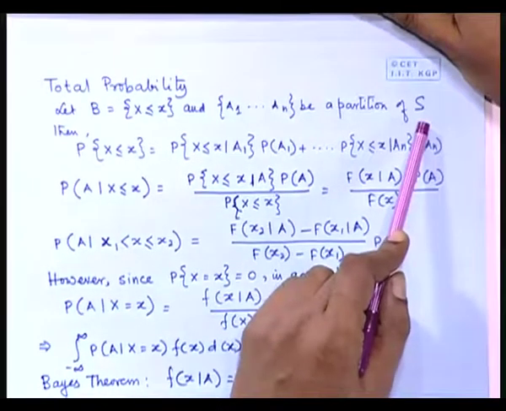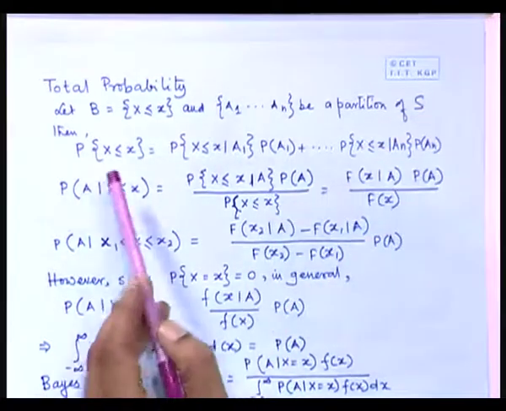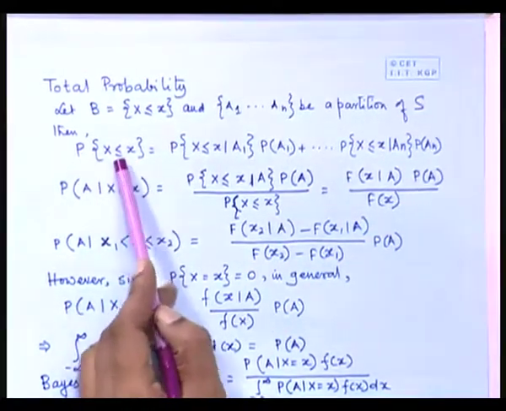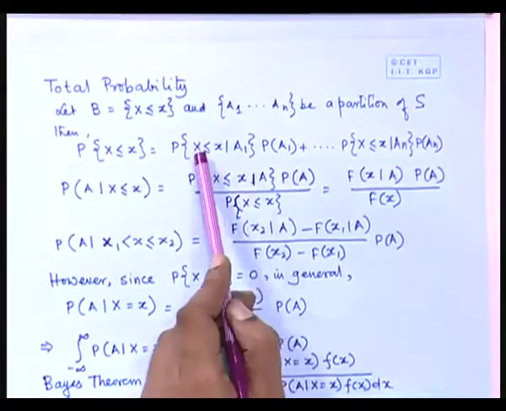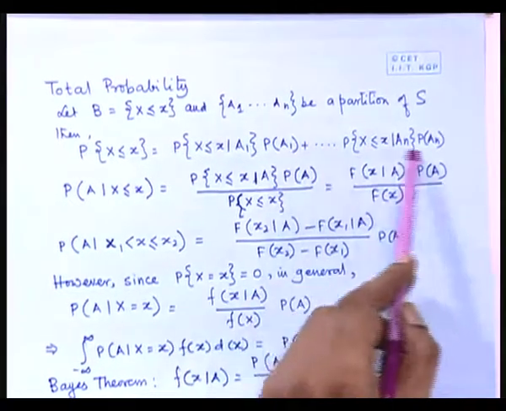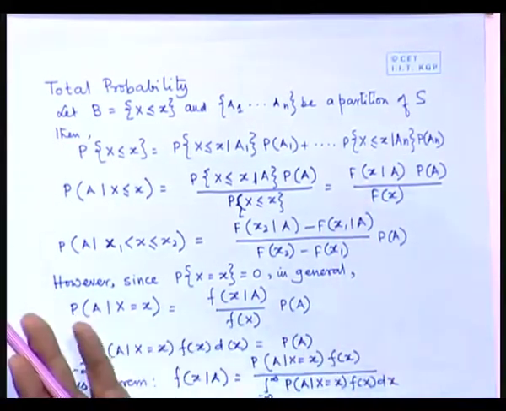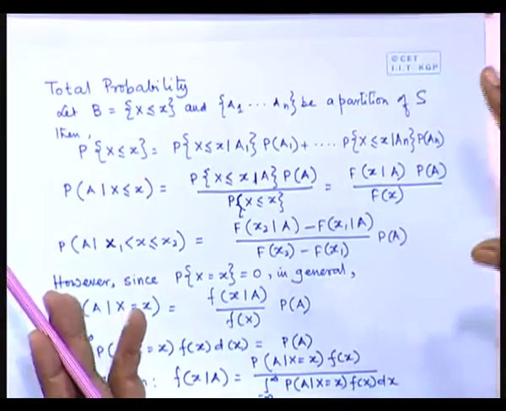So that will be like this, that is, let capital X less than or equal to x be an event B, and again a1, a2, an be a partition of S as usual. Then we can again say that probability of X less than or equal to x, that is probability of B, is probability of X less than or equal to x given a1 into probability of a1 plus dot dot dot all the time. This is standard breakage of probability that we have done.